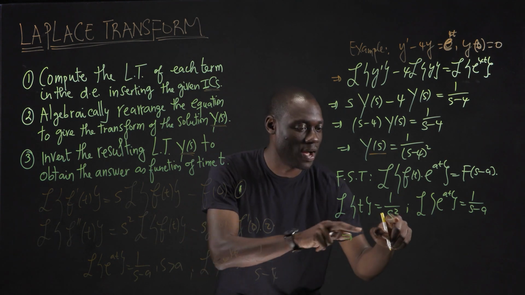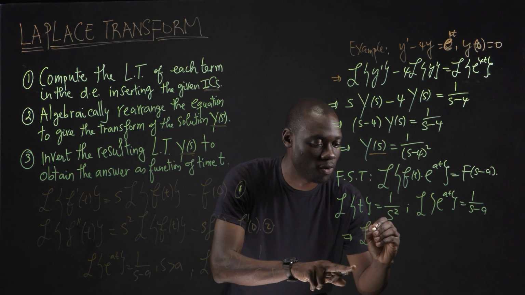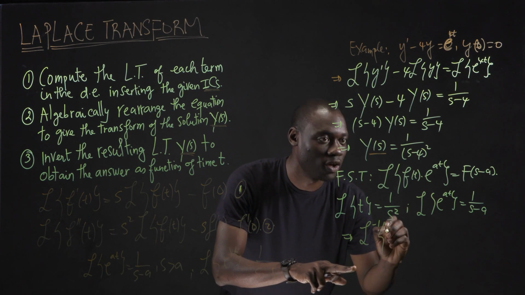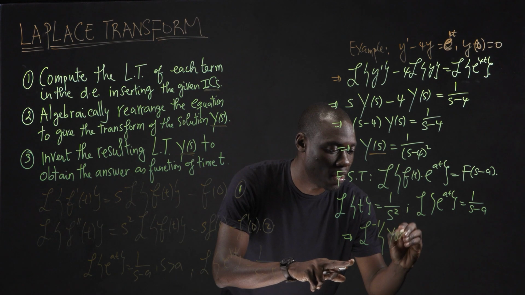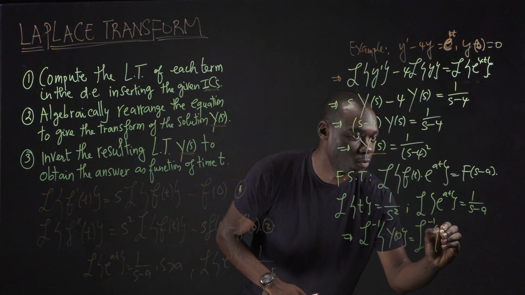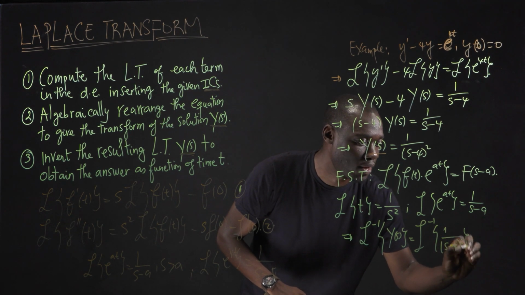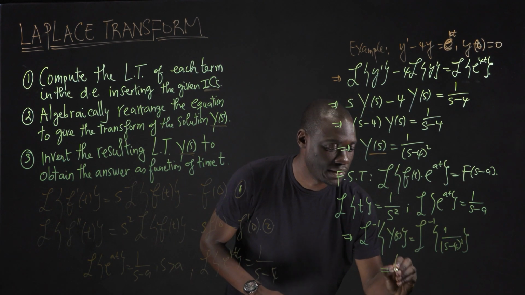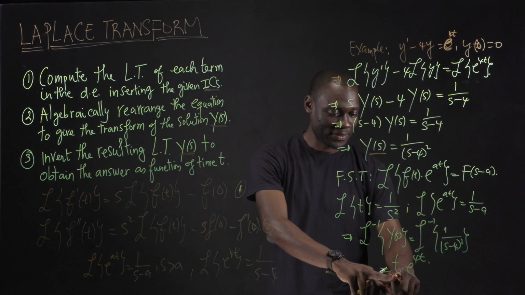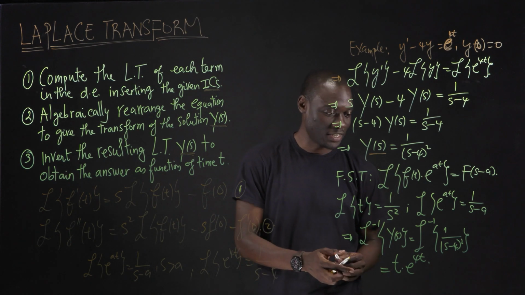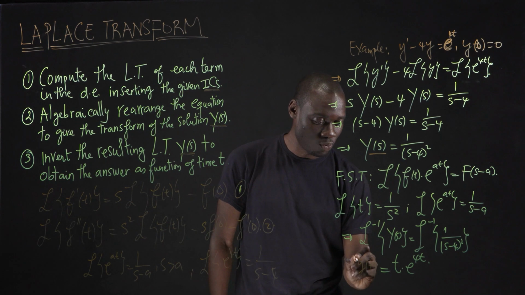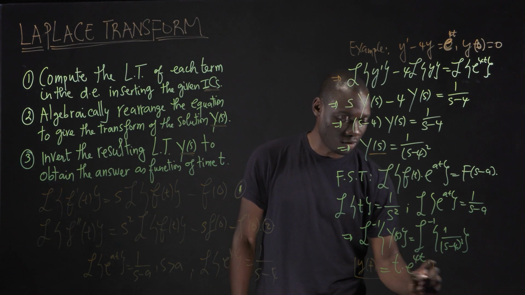That is, we will have that the inverse of the Laplace transform Y(s), which is the inverse of the Laplace transform of 1 over (s minus 4) squared, will equal t e^(4t). Okay, so having this t times e^(4t), we see that finally we have our answer y(t), which is equal to t e^(4t).